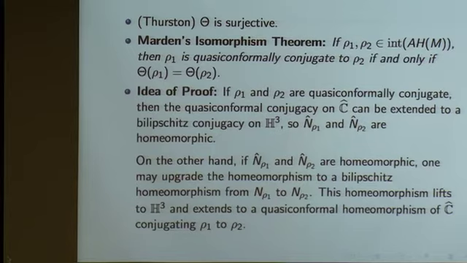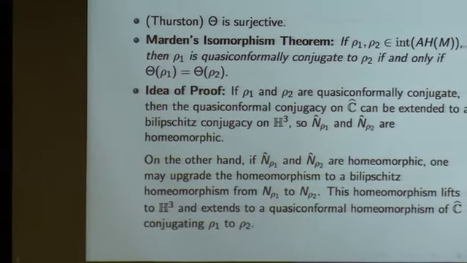We get a picture of the interior where each component is determined by a piece of topological data, which is the marked homeomorphism type, and then each component is then parameterized by analytic data, which comes from the conformal boundary. So the missing ingredient to really say that is something known as Marden's isomorphism theorem.